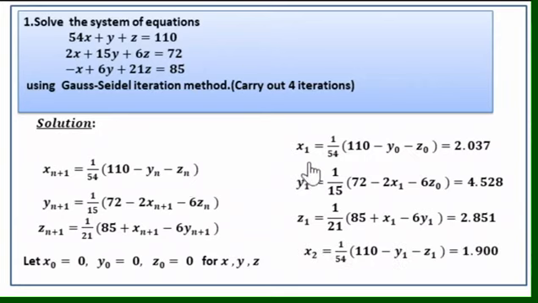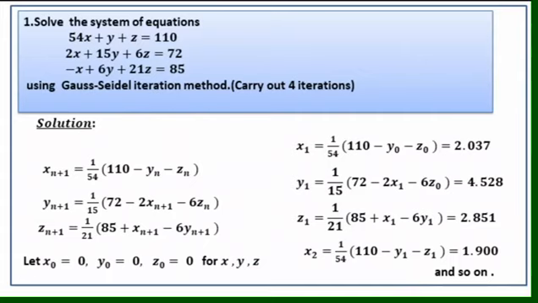So the formula for x2 will be x2 equal to 1 by 54 into (110 minus y1 minus z1). Now use these values in the right hand side. x2 is 1 by 54 into (110 minus 4.528 minus 2.851). So you will get x2 equal to 1.9. And similarly we can continue this. We can get y2, z2, etc.